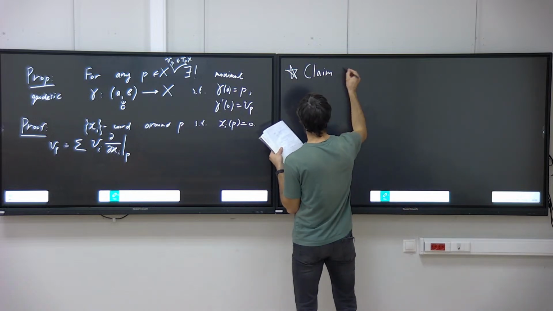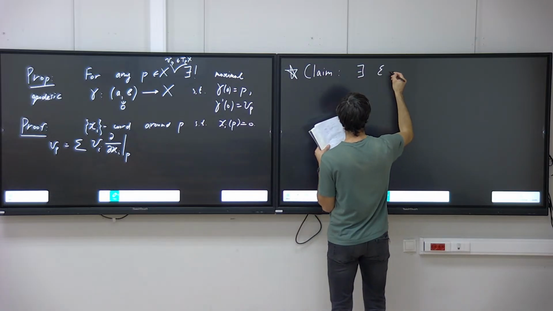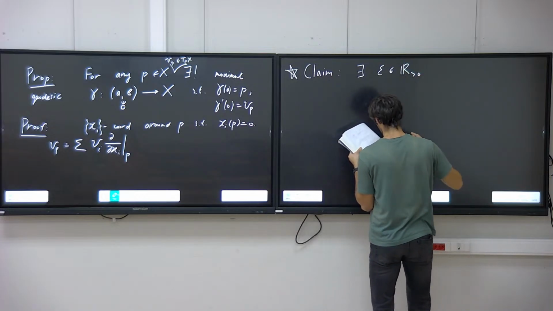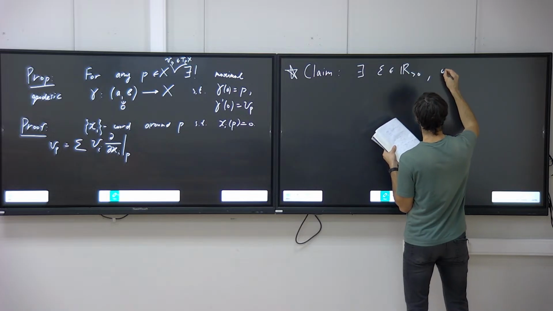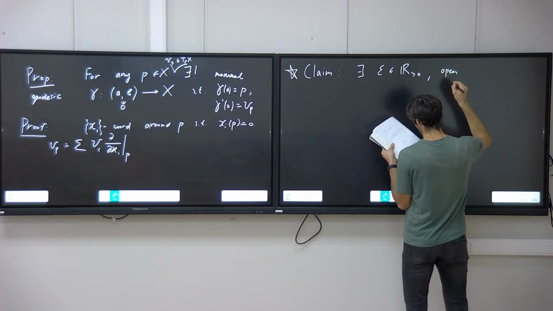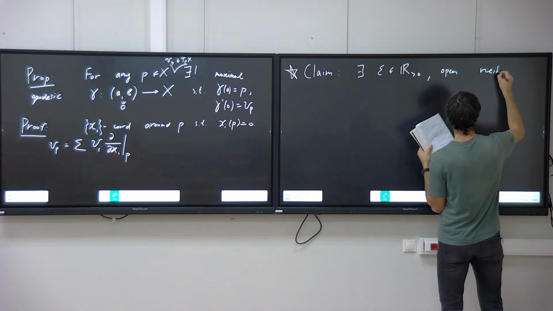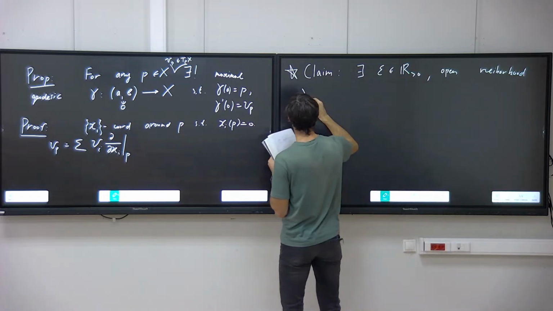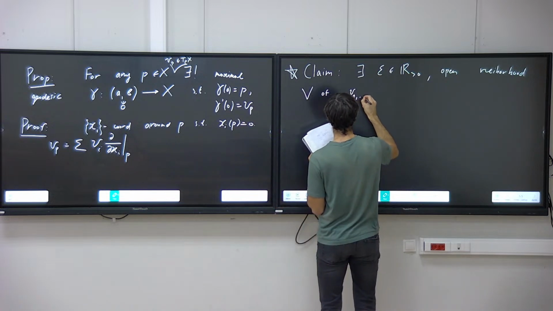So there exists some epsilon, which is a positive real number, and an open neighborhood V of V^1, ..., V^n.